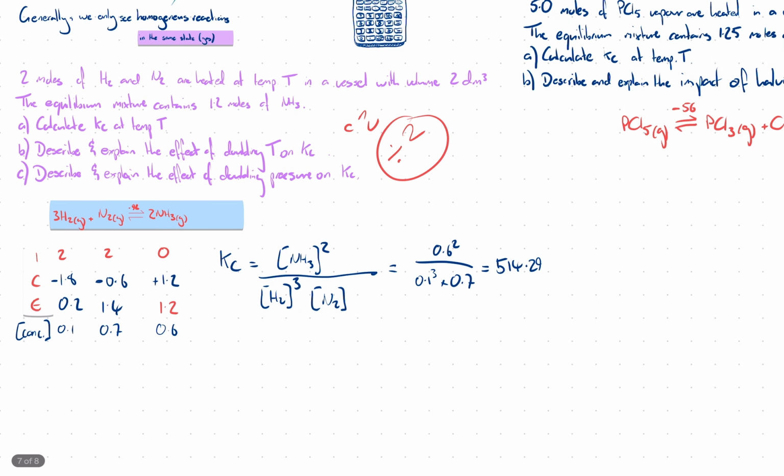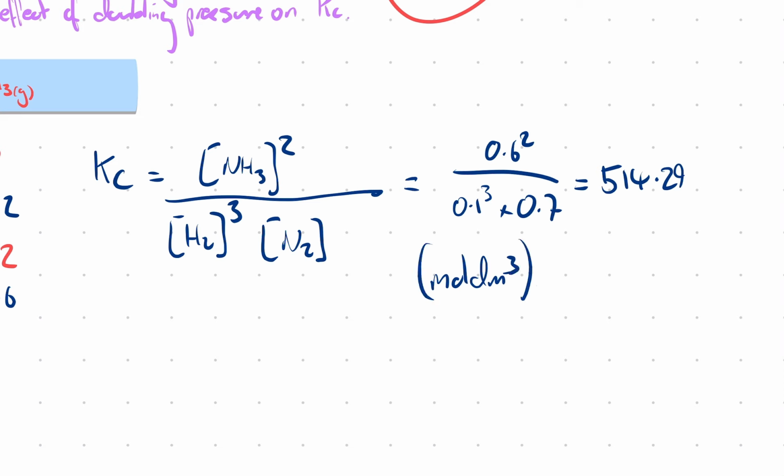Last thing we need to do here is calculate our units. Remember, units for concentration are moles per decimeter cubed. I've got 2 of those on the top and 4 of those on the bottom, and I can cancel.